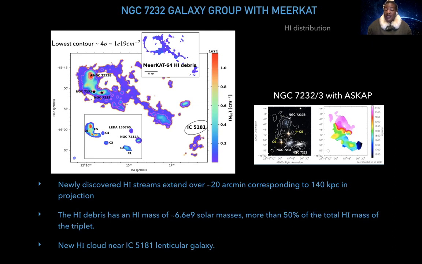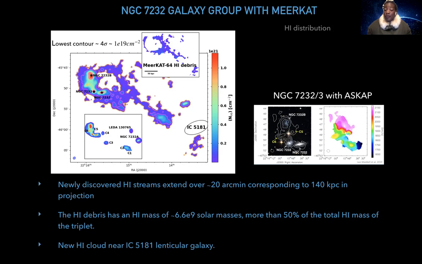Comparing the MeerKAT column density map and the ASKAP column density map on my right, it is clear that MeerKAT detects far more H1 around the galaxy triplet as compared to ASKAP.